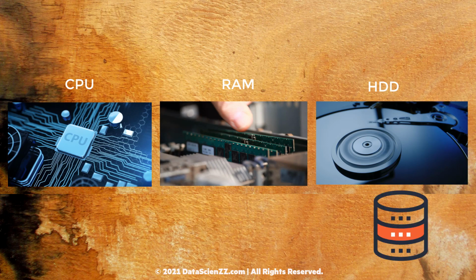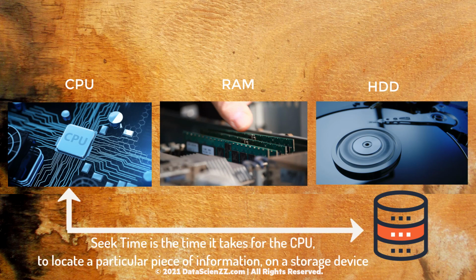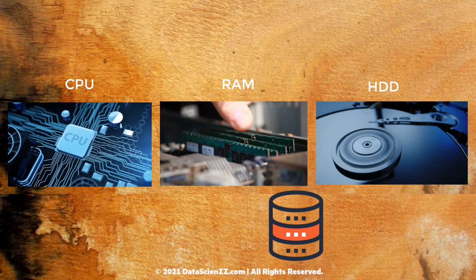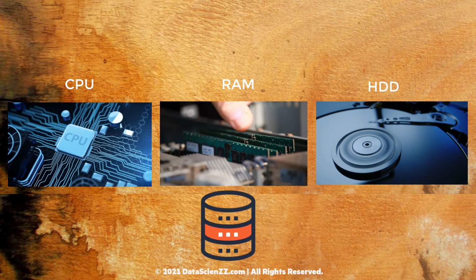The performance is often not great due to high seek time, that is, the time it takes for the CPU to locate a particular piece of information on a storage device. On the other hand, for an in-memory database, the database management system stores data in memory. And that's why the in-memory database works more efficiently, as there is no seek time.